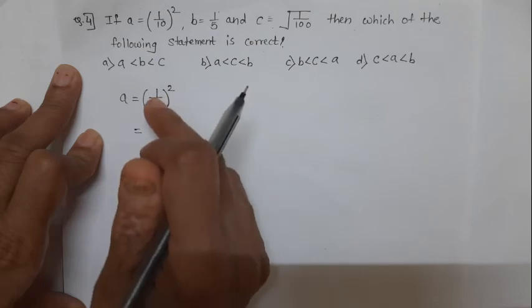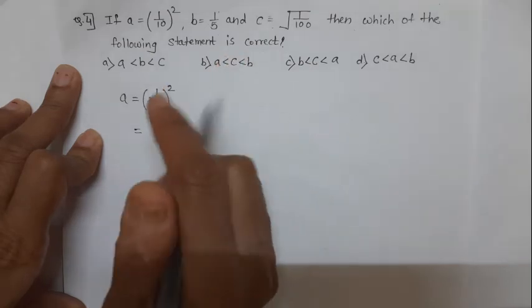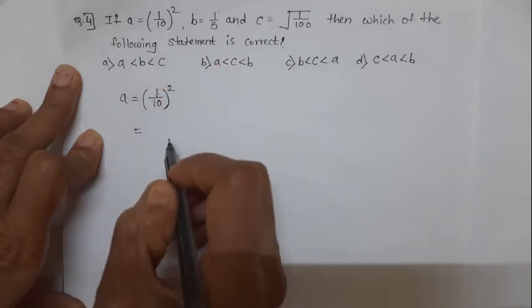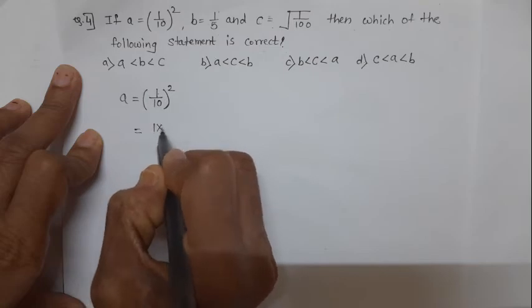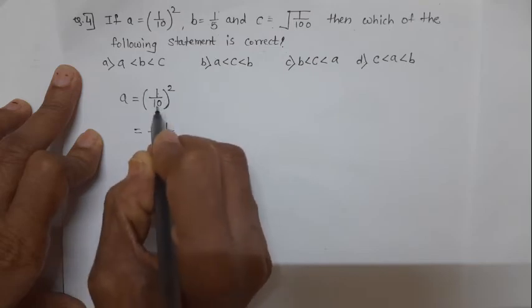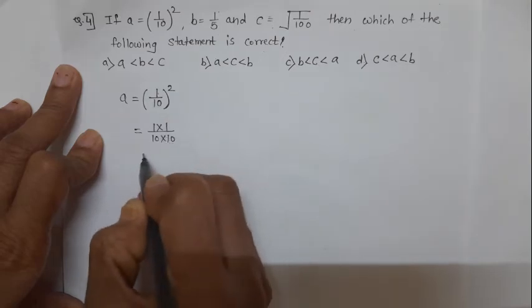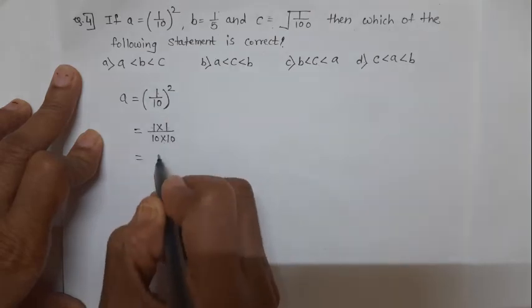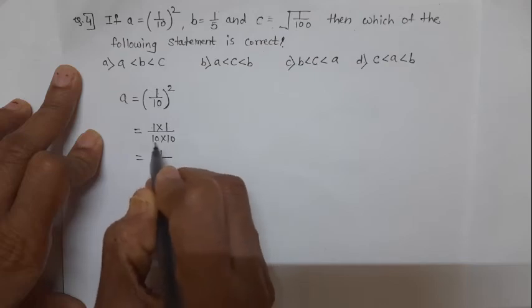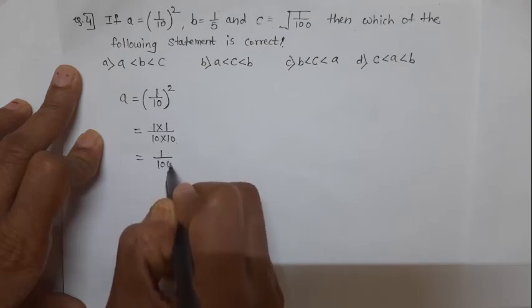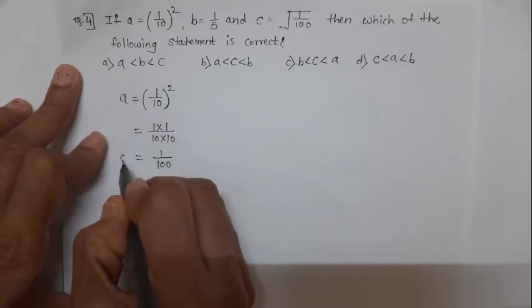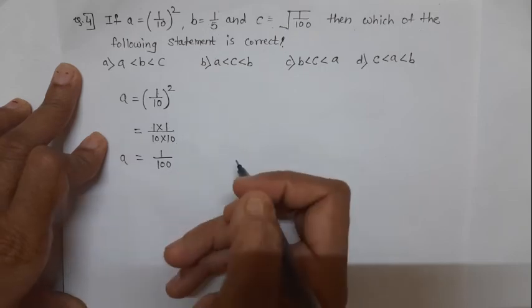Square means the same number multiplied 2 times. So 1 multiplied by 1, and 10 squared means 10 multiplied by 10. 1 one is 1, 10 tens are 100. So what did you get for A? For A you got 1 upon 100.